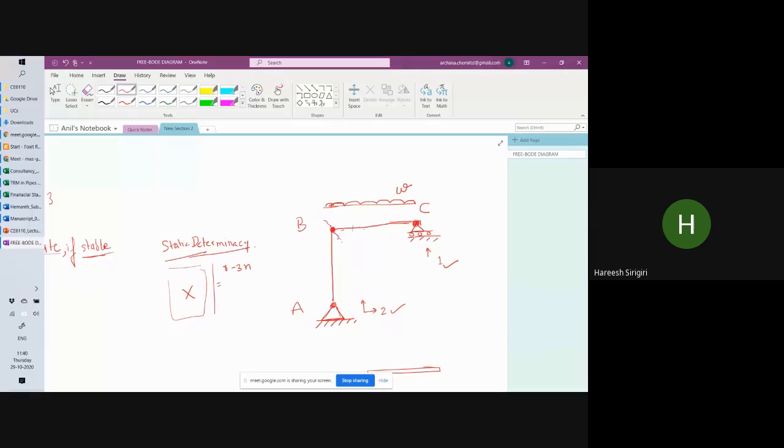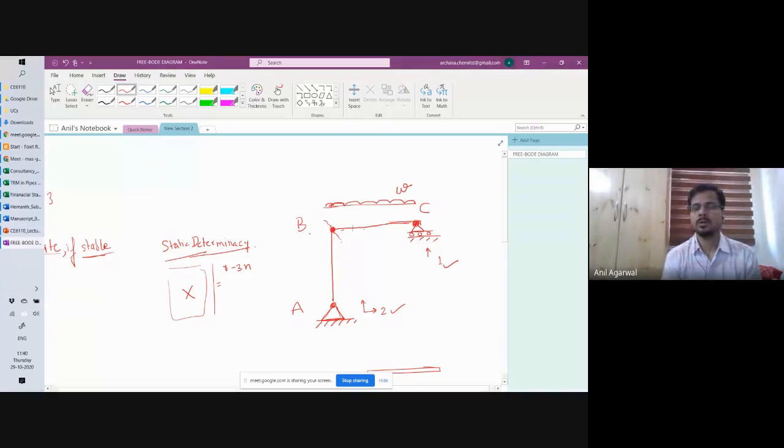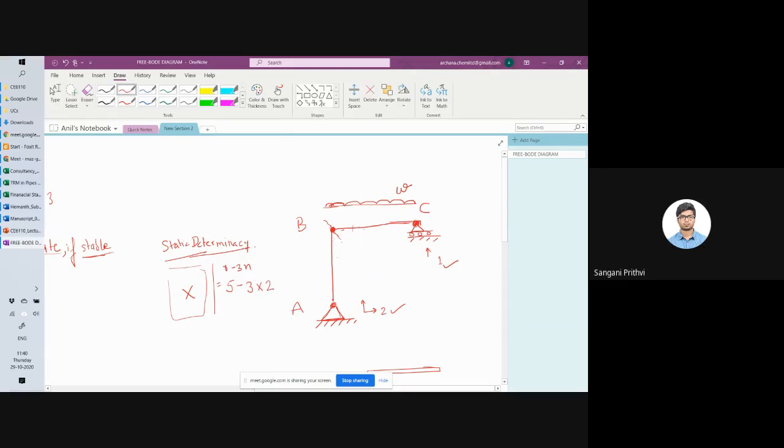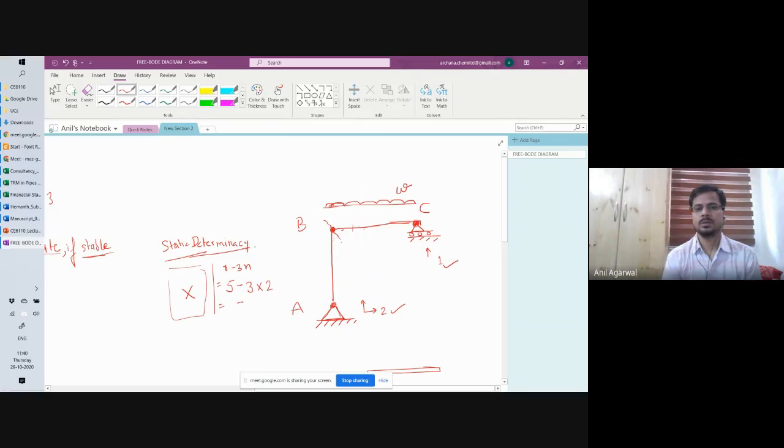Two, because moment is 0. We already know that the hinge is given. So 2 plus 1 plus 2, 5. Minus how many parts have I got? 2. So that gives me minus 1. So it is less than 0. That's why this is a definitely unstable structure. Okay, fine.